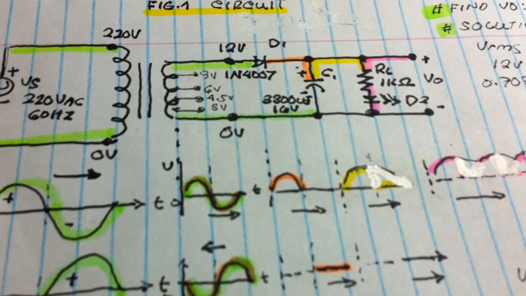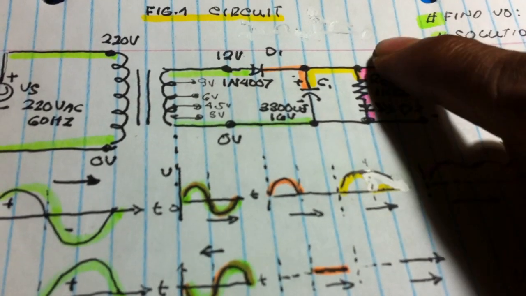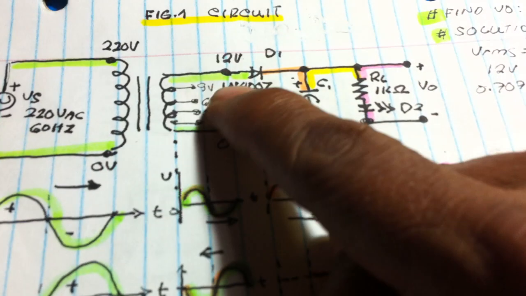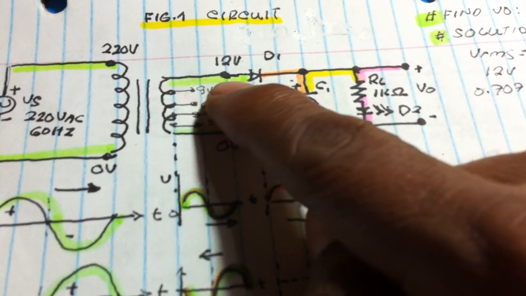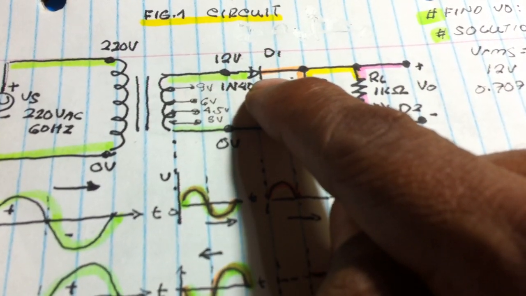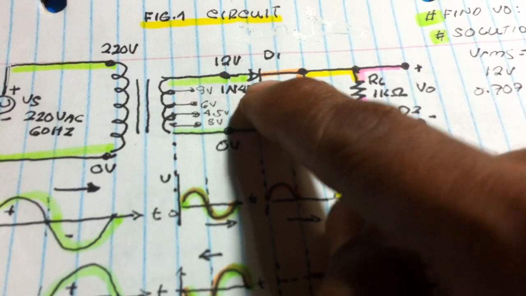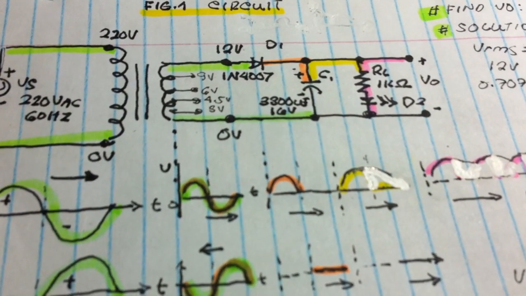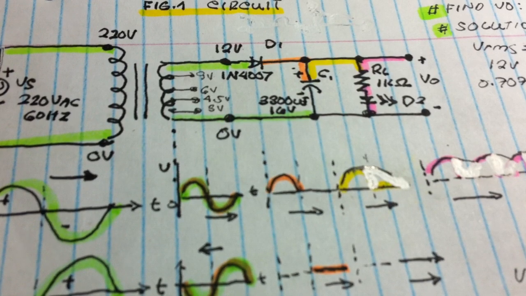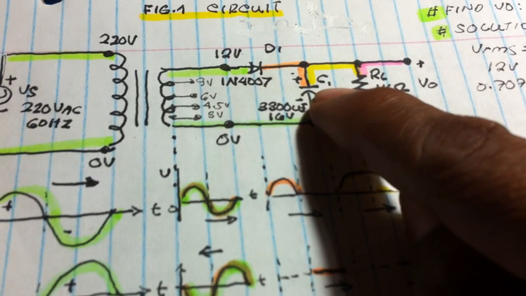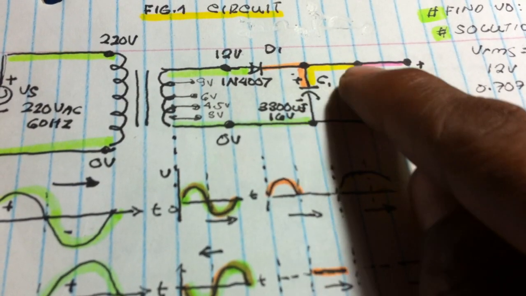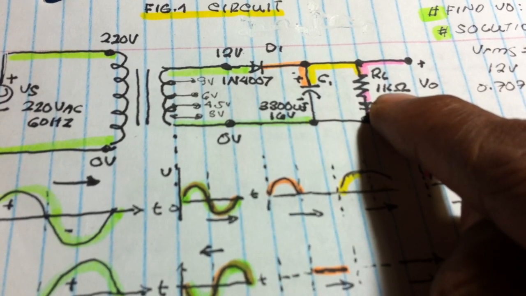Which one is supplying the current to the load? Is it the current that flows into the diode or the capacitor? It is the capacitor that supplies current to the load.